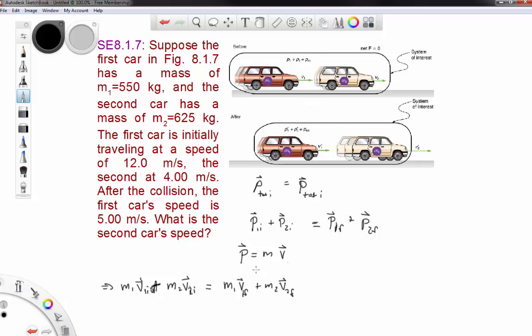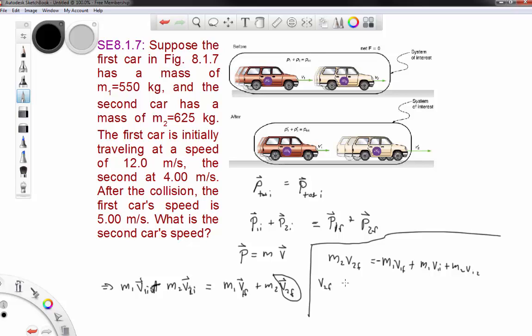Now, looking at this diagram, all the velocities are in the same direction, so we can go ahead and drop the vectors here. And we basically are trying to solve for this term right here, the final velocity term. That basically means that we can write mass 2 times final velocity of 2 is negative mass 1 times final velocity of 1 plus mass 1 times initial velocity of 1 plus mass 2 times initial velocity of 2.